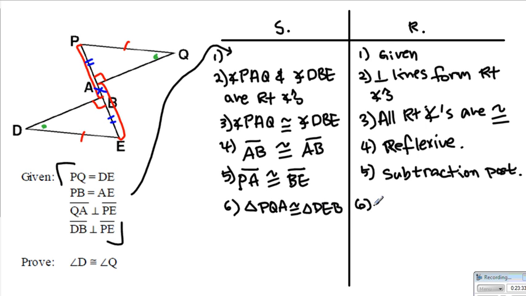Number six, the reasoning would be HL, hypotenuse leg. Then number seven, then we can say angle D must be congruent to angle Q. And the reasoning here will be CPCTC.